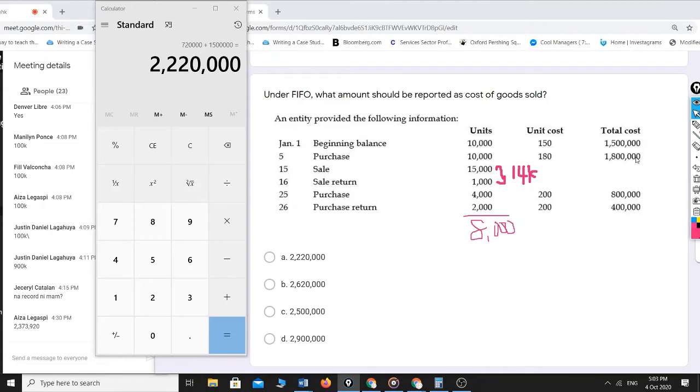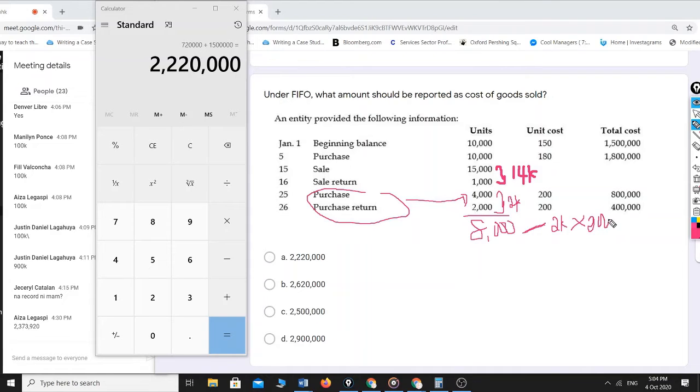Okay? So, when we compute the ending inventory for this, kaning 8,000, of course, gikan sa latest nga gi-purchase, which is the 4,000. But take note, out sa 4,000 na inauli nga 2,000, so, ang available na lang ani nga inventory is 2,000. Okay? So, out sa 8,000, 2,000, kay tag 200 ang unit cost.